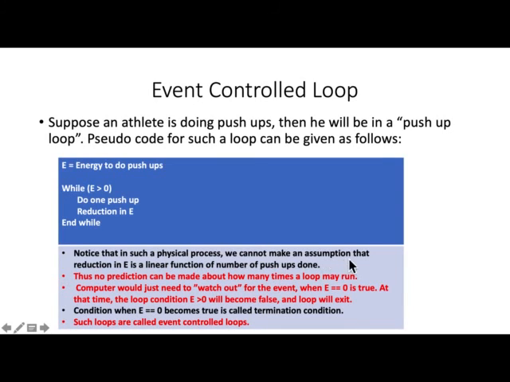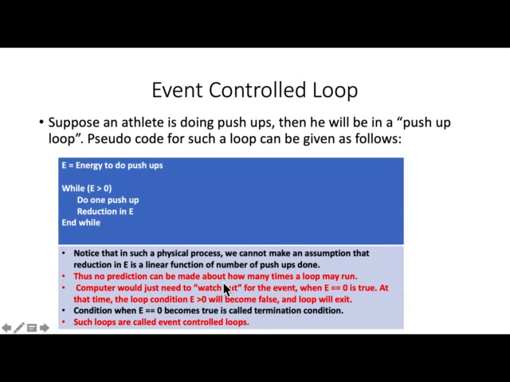We cannot assume that the reduction in E is a linear function of the number of push-ups done. I already said that sometimes after doing one push-up, energy may actually go up. At some point it has to start coming down, but we cannot assume the reduction in E is a linear function of the number of push-ups done.